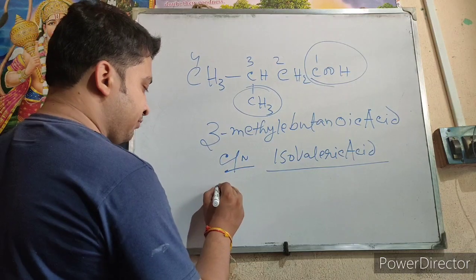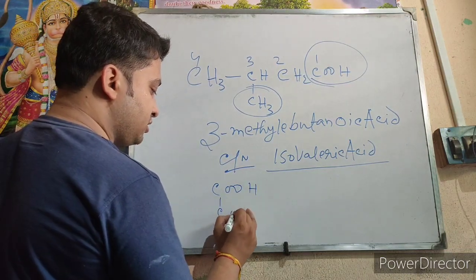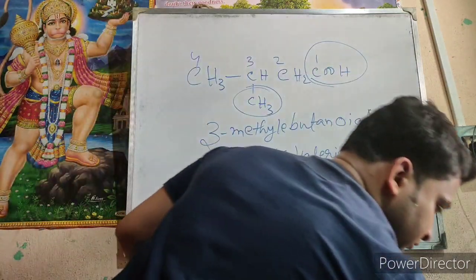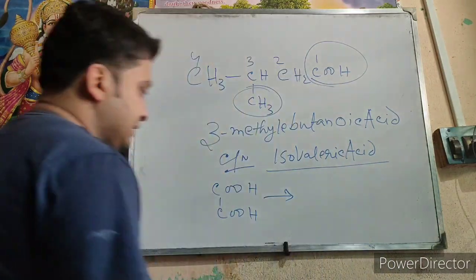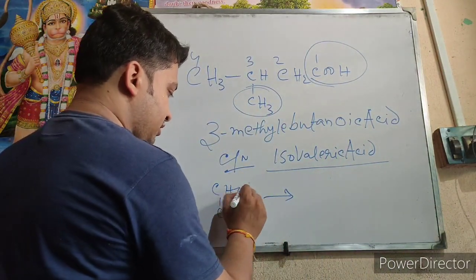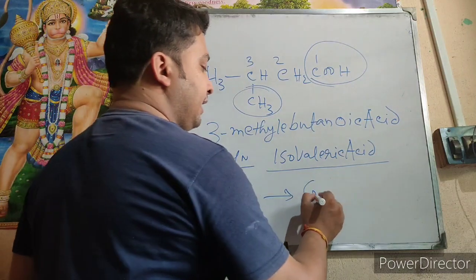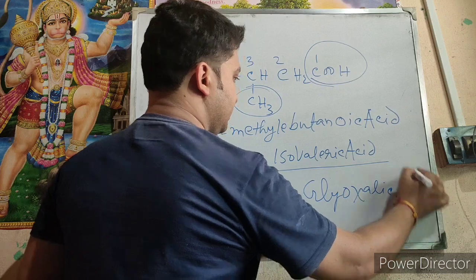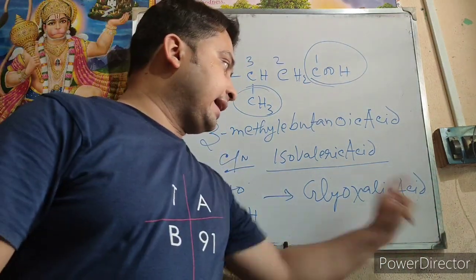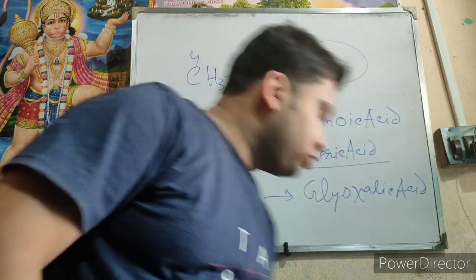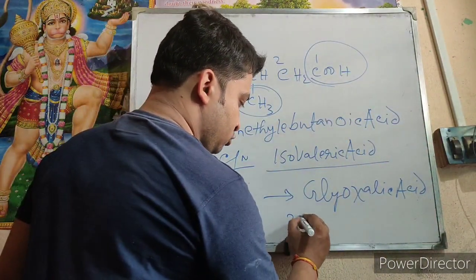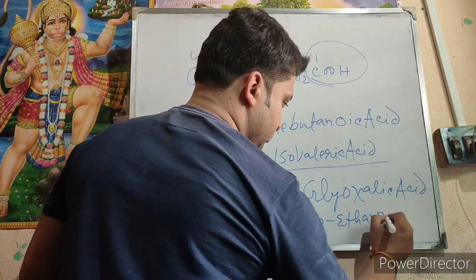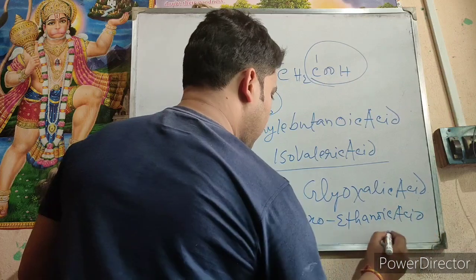And as you know, this is also very important, with COOH. This is glyoxylic acid, which I want to write in this way. This is called glyoxylic acid. This is also very important. Glyoxylic acid. Okay. Or you can write 2-oxoethanoic acid. Ethanoic acid, why ethanoic?